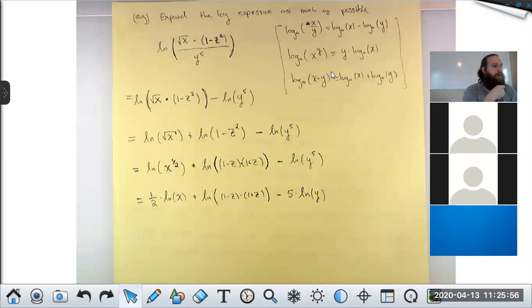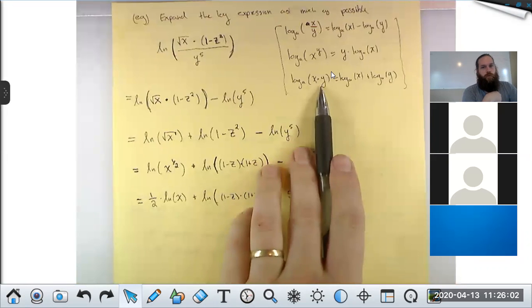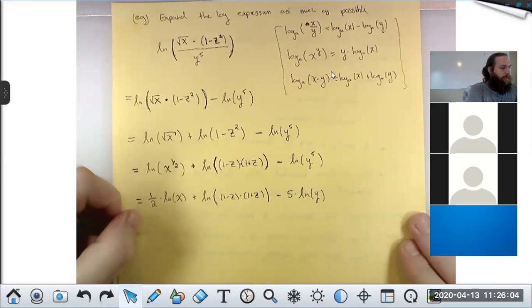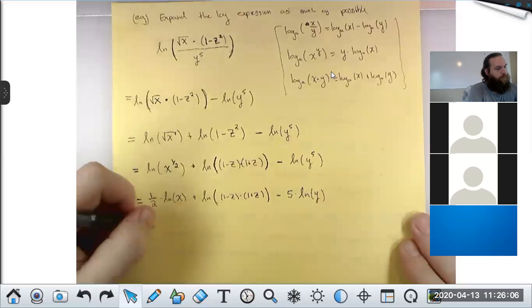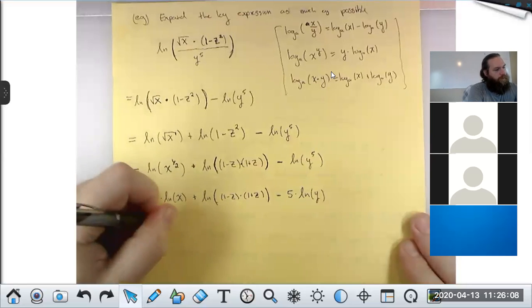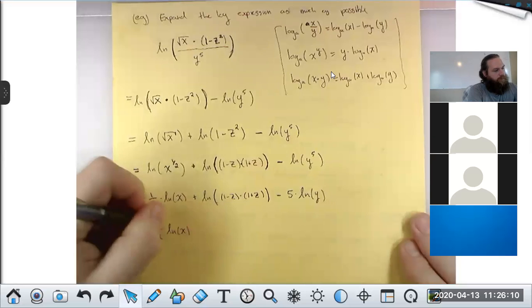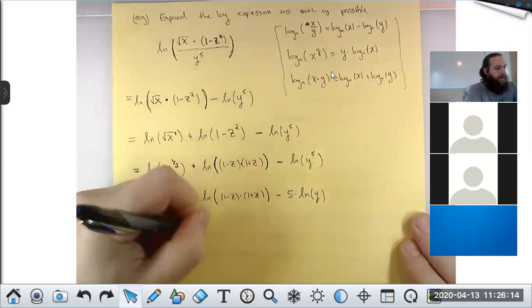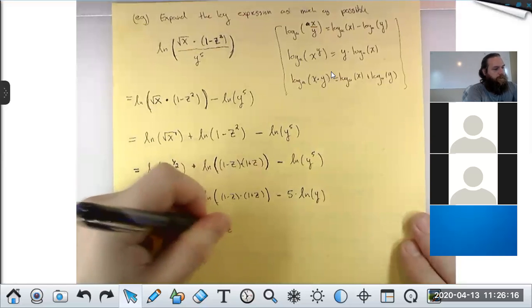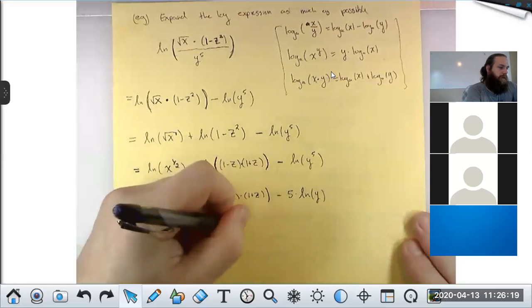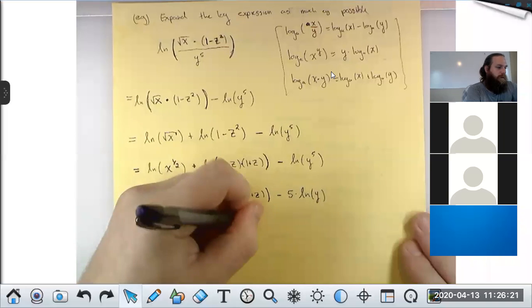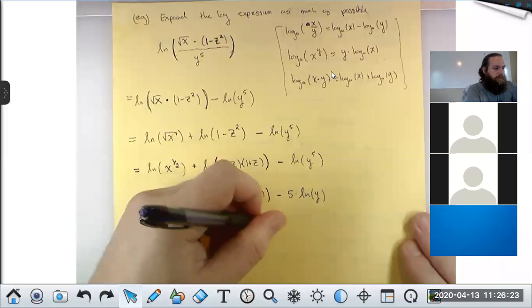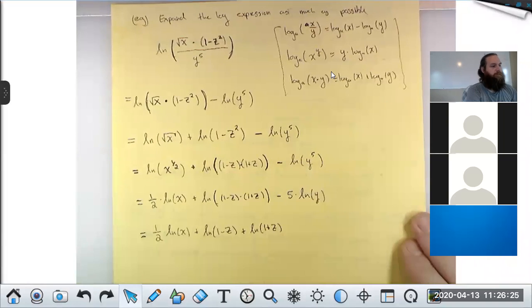And now to deal with that middle term, the cool thing here is that this is also ln of a product. So I can use this last rule to split him up as 1/2 times the ln of x plus, and now this will get split into the ln of 1 minus z, and that multiplication inside becoming addition outside, ln 1 plus z.